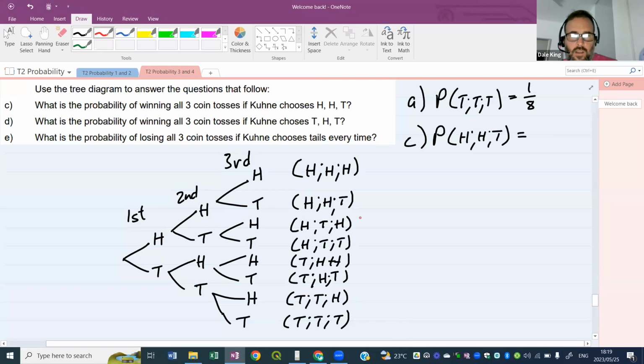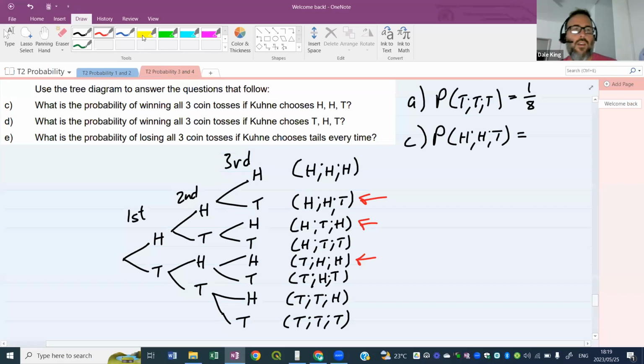Now what Bianca's doing is she's going to that one, and if Teacher Dale's writing was clearer, you would see that that's also an H. So I think Bianca's looking at these 3 here.